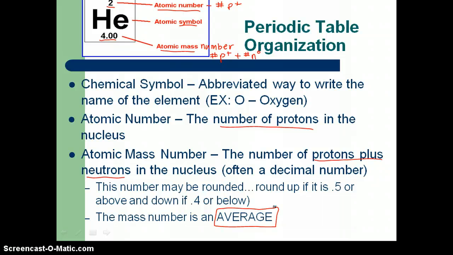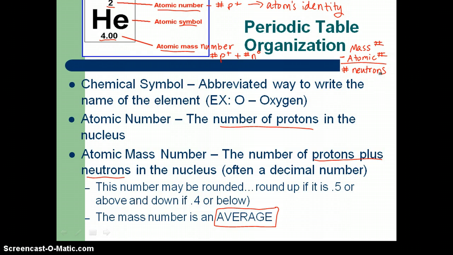So again, if we want to find the number of protons, that's the atomic number, and this is the atom's identity. If you change the number of protons, you change the element as a whole. If you want to find the number of neutrons, you take mass number minus atomic number. And that'll tell you your number of neutrons.